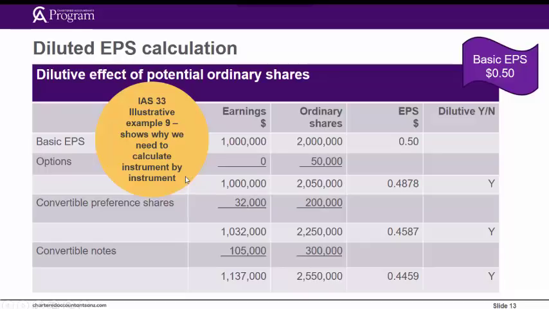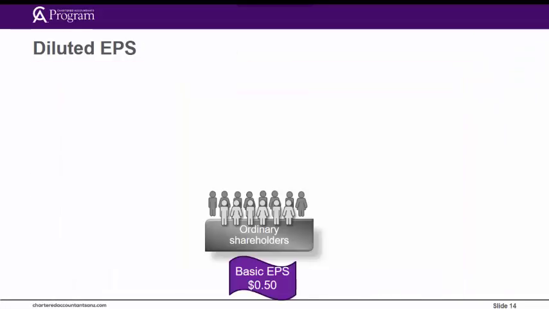In that example you'll see that although the dilutive effects seem to be below our earnings per share, once we added it together line by line, the last instrument ended up resulting in an anti-dilutive value. So perhaps go have a look at that one. But here with our situation, all of these are dilutive, and the bottom line is 45 cents is our diluted earnings per share.